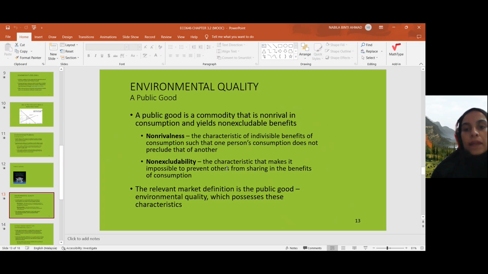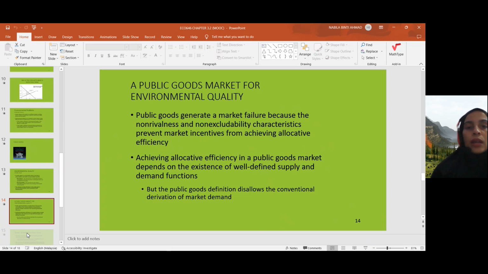And non-excludability means the characteristic that makes it impossible to prevent others from sharing in the benefit of consumption. So we cannot restrict other persons from using the public goods. That's why we say that public goods are non-rival and non-excludable in nature, right? The other market definition is the public good, environmental quality, which possesses these characteristics.